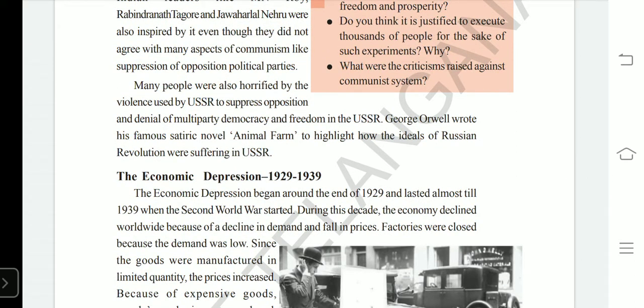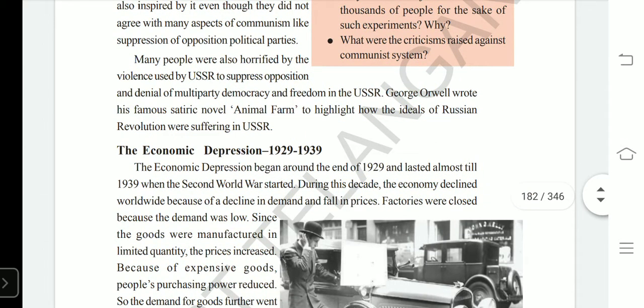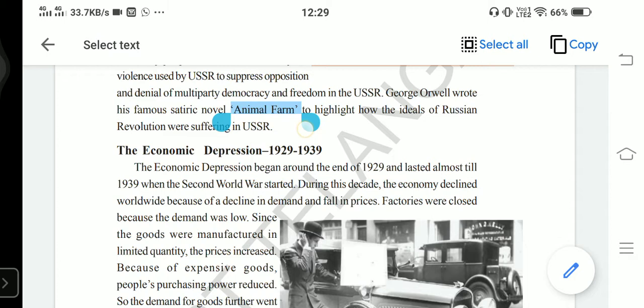Stalin punished many of the people and political parties who opposed him; they were sentenced to imprisonment. Such a thing in Russia, which achieved great progress, was criticized in a novel called Animal Farm. Animal Farm is a novel written by George Orwell.